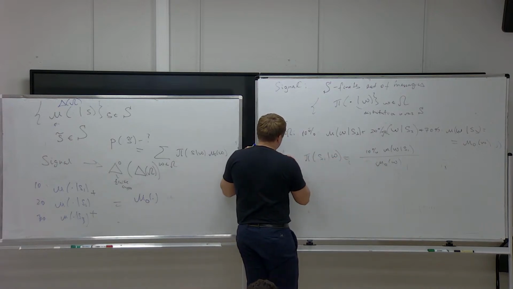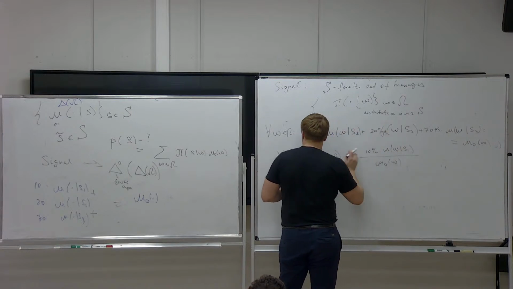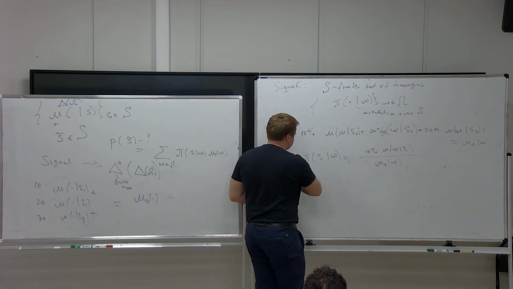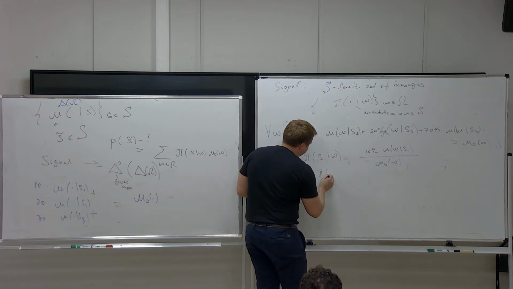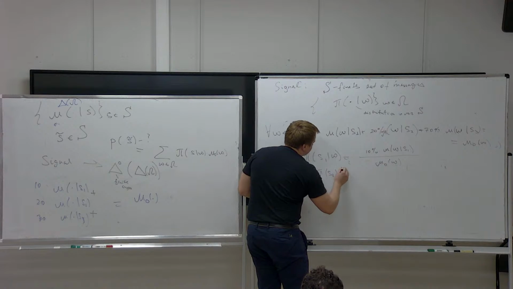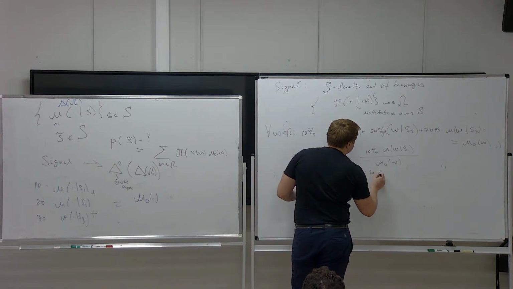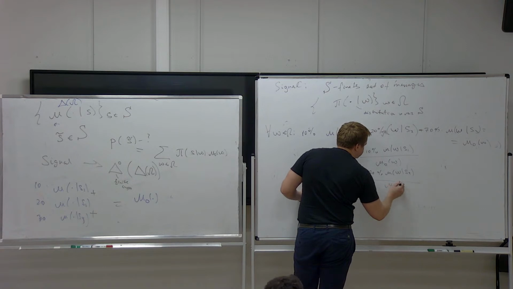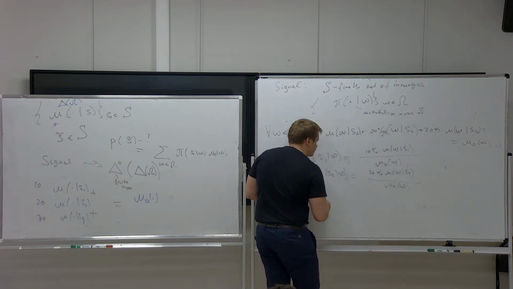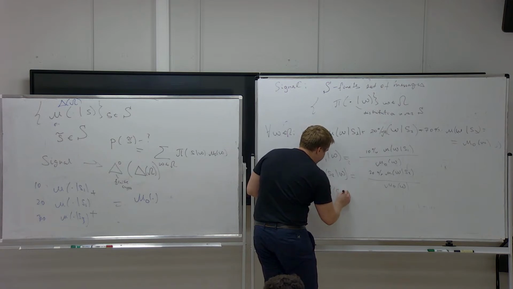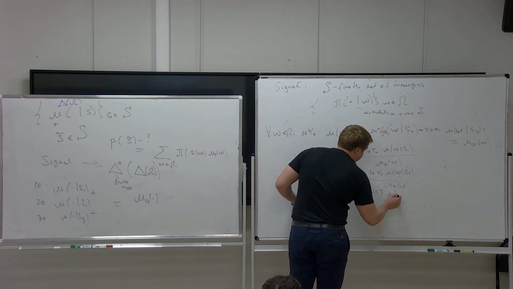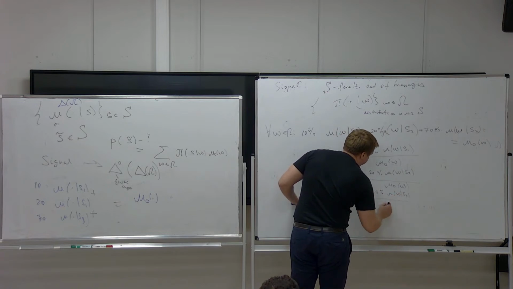For S2, I could assign 20% times mu of omega conditional on S2 divided by mu 0 of omega, and for P of S3 conditional on omega, I could assign 70% times mu of omega conditional on S3 divided by mu 0.